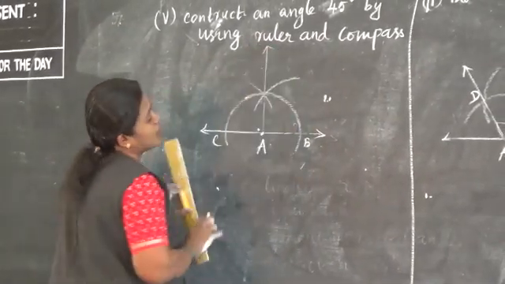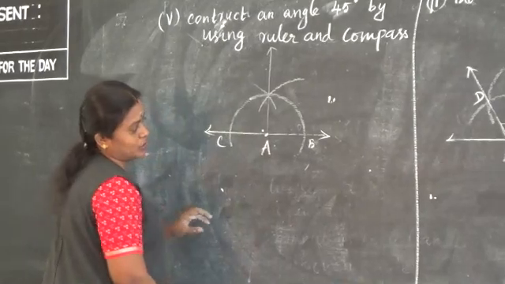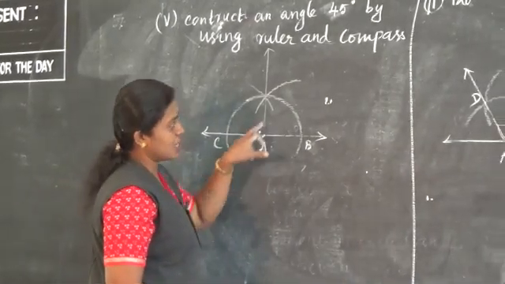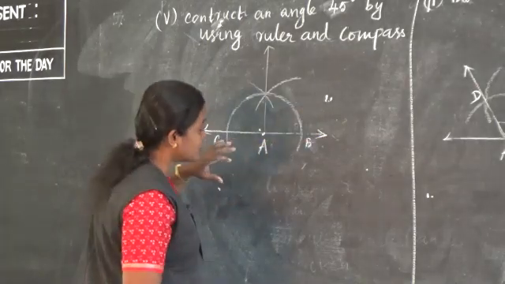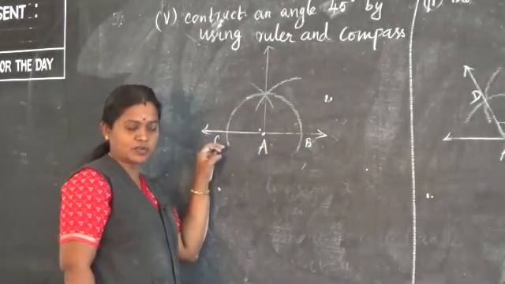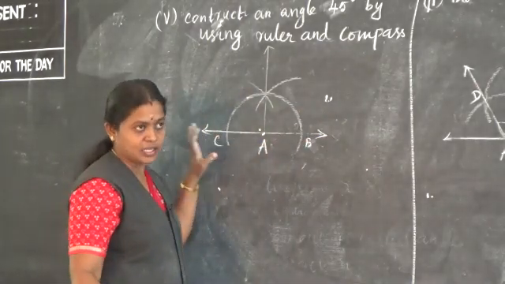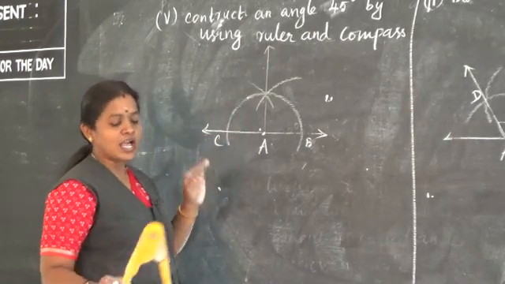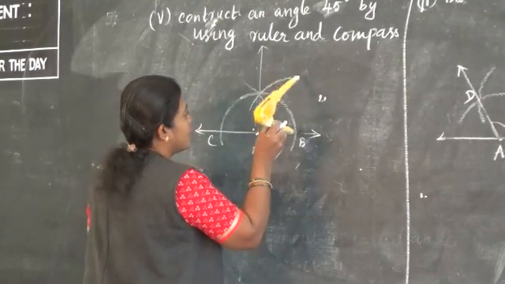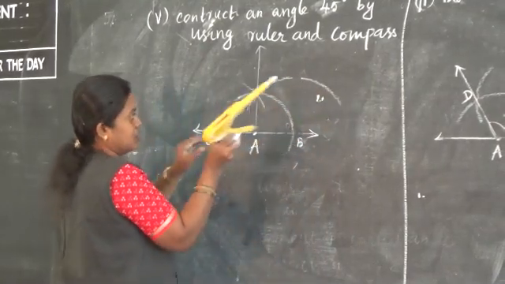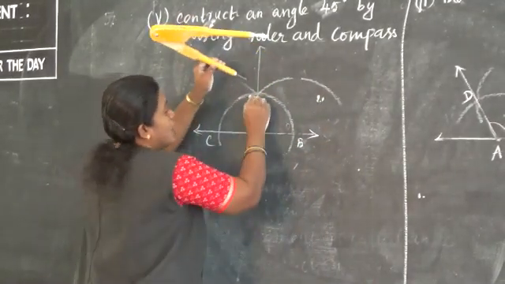By using angle bisector, I will draw now 45 degree. This is the easiest way. First you have to draw 90 degree. After that, by using the angle bisector, you can draw the 45 degree. Here only is a point.